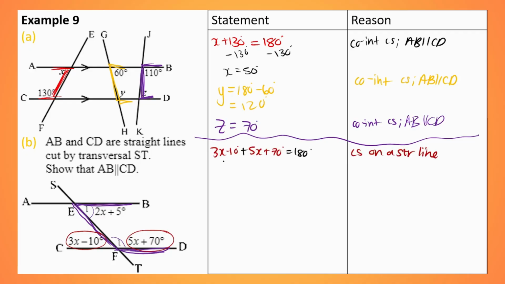Angles on a straight line is your reason. And you see, okay, there's 3x plus 5x. So altogether we have 8x. And then minus 10 plus 70. So 70 minus 10 is 60. Identify over here, we have a times 8 and then a plus 60. So we first have to minus 60 and then divide by 8. So we're going to get 15 as an answer.